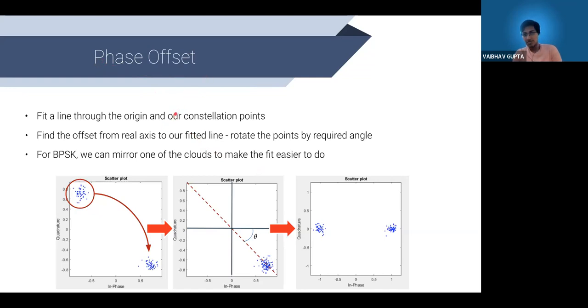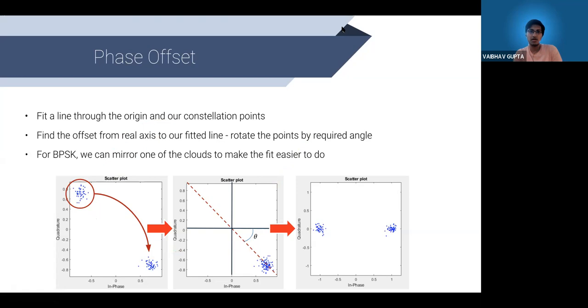Again, here we rely on the fact that we know we're using BPSK. So the idea for any phase offset, really, because we know that our known constellation terms, our known symbols, are going to lie on the real axis, is we can fit a line through the origin and our received data points to get this angle theta, and then rotate by negative theta.